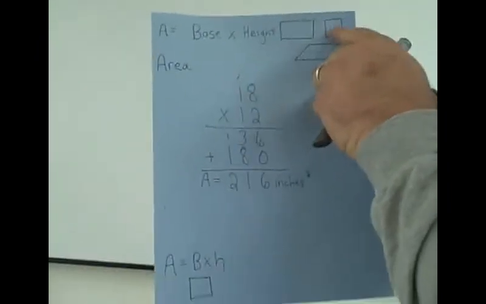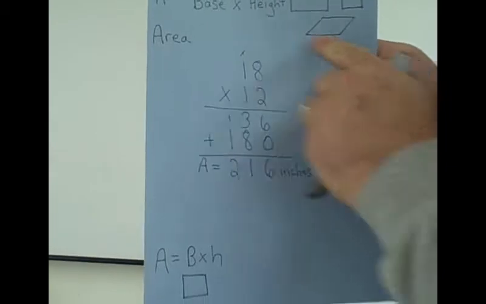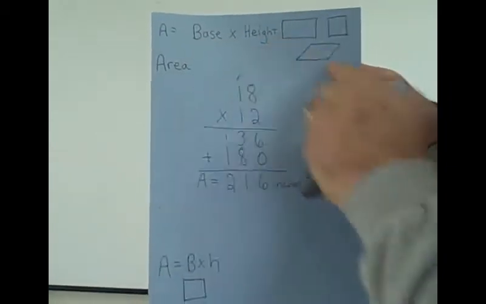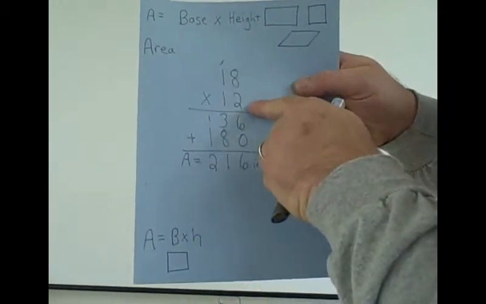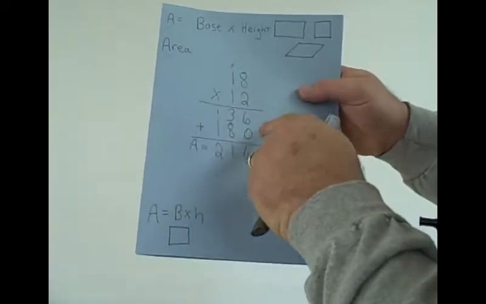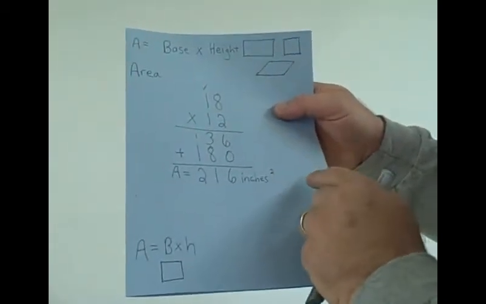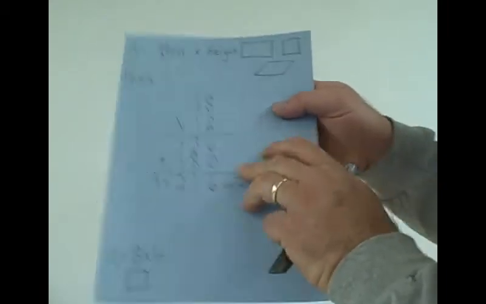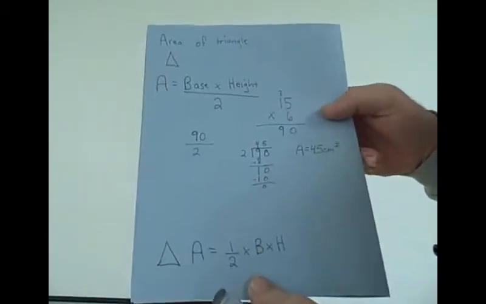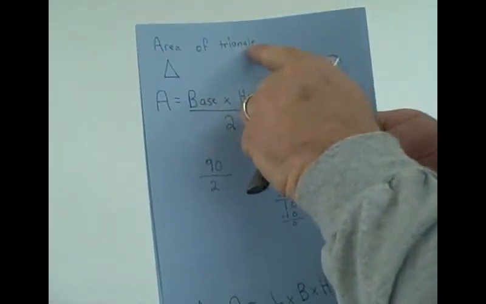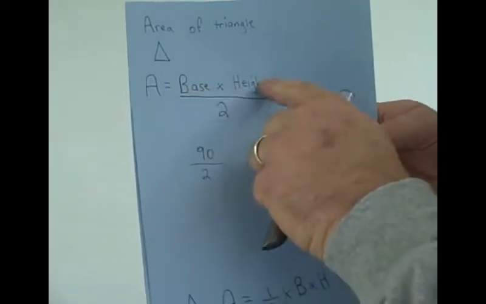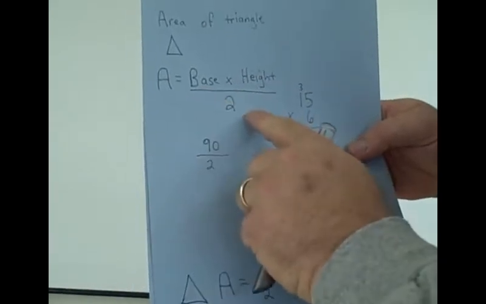Okay? Let's review this real quick. Area of a rectangle, square, or parallelogram is base times height. So we multiplied 18 times 12, and we came up with 216 inches squared for our rectangle. Area of a triangle is base times height divided by 2.